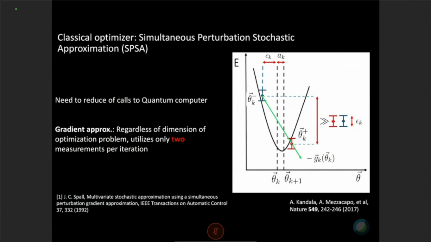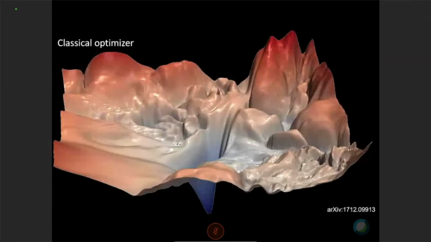And to give you a sense of how this works, if you're there in the optimization, what this does is it chooses one direction this way, it chooses an opposite direction this way, it measures an energy there, it measures an energy here.